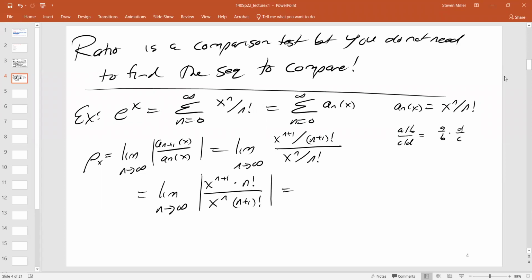And now we have massive algebraic depth. What's x^{n+1} divided by x^n? x. Now, what about n factorial divided by (n+1) factorial? What does that equal?